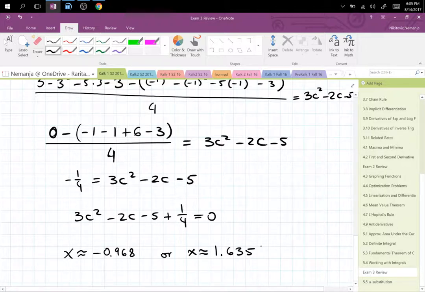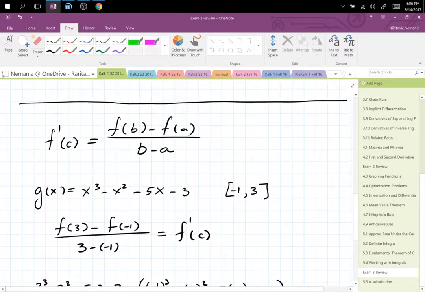So if you're looking at these two values, the interval is -1 to 3. Both of these values fall inside that interval, so both of these are okay. These are c's, sorry. So we have two c values where the average rate of change is equal to the instantaneous rate of change.